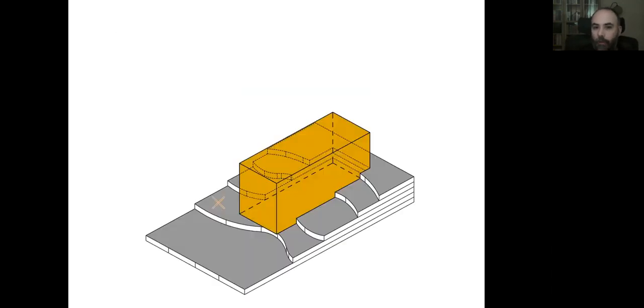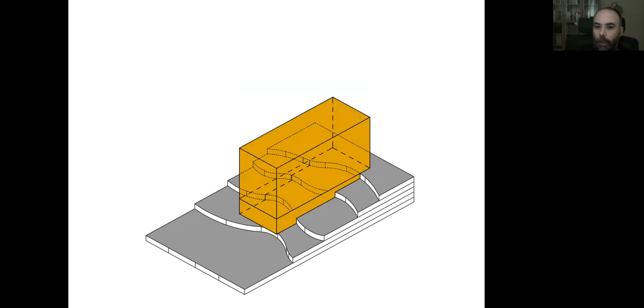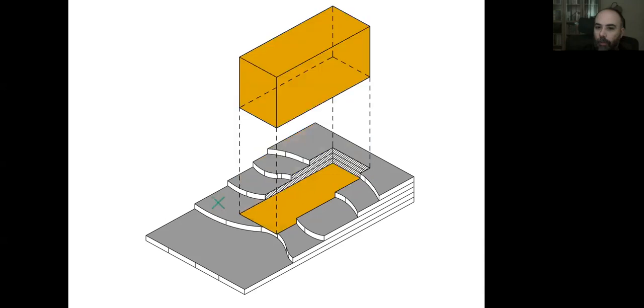So we need to change the direction of these contour lines. They need to follow the edges, borders of the building, either in this direction or in this direction. If we do that, it will be something like this.